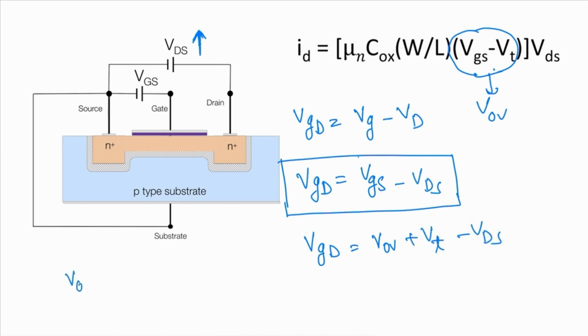The V overdrive is equal to VGS minus VT, so I can write VGS is equal to V overdrive plus VT. So I put this VGS value in this equation. That means if I increase the VDS, then the gate to drain voltage will decrease. Okay, so I will explain what is happening here now.